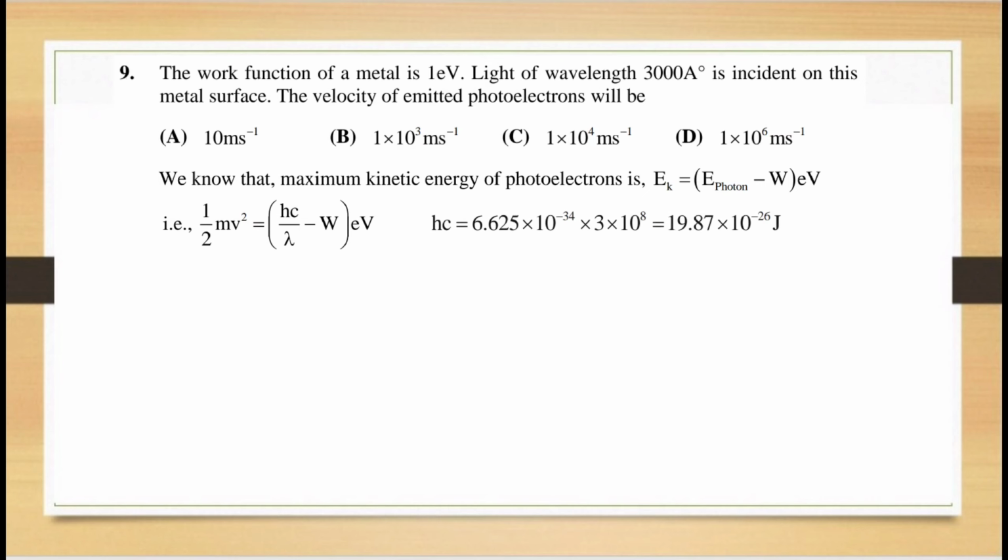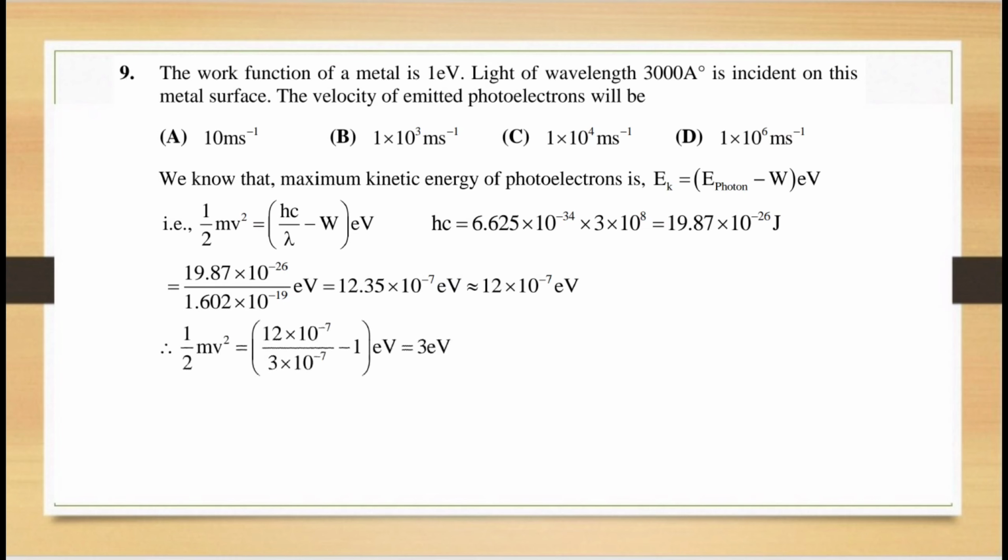Here hc equals 6.625 into 10 power minus 34 into 3 into 10 power 8, which equals 19.87 into 10 power minus 26 by 1.602 into 10 power minus 19 electron volts, which equals 12.35 into 10 power minus 7 electron volts. Take approximate value, that is 12 into 10 power minus 7 electron volts.